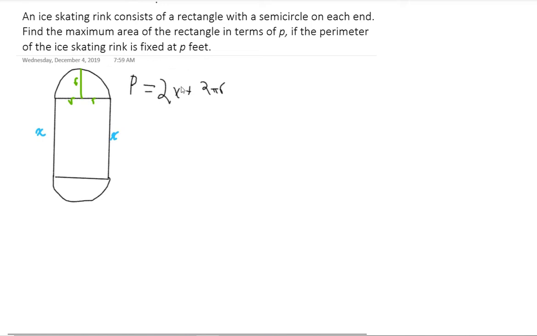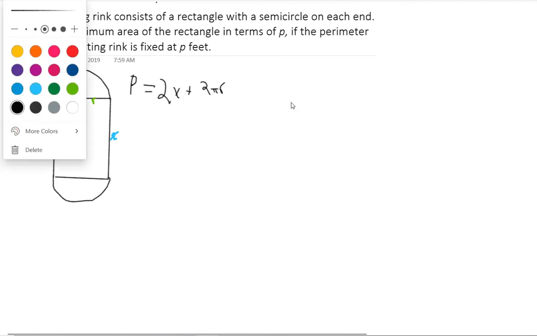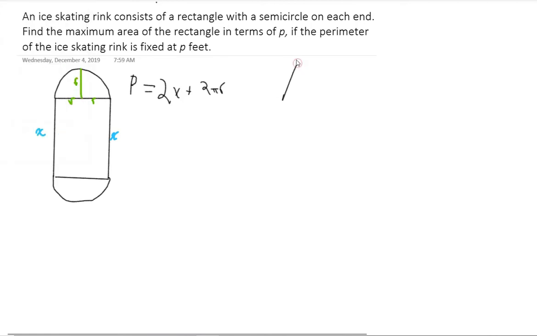And so now we'll solve for x because we want this in terms of x. So the area equation, area is equal to, we only want the area of the rectangle, remember? So it would be x times 2r. 2r, x, that's the area.